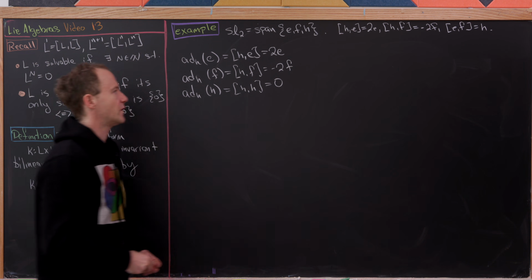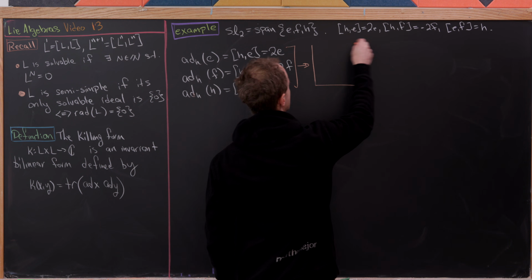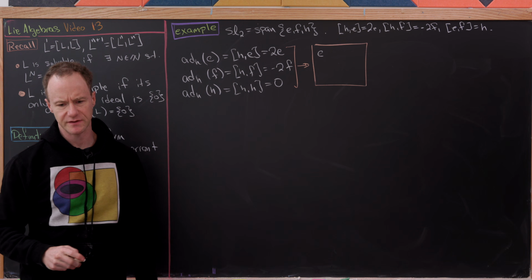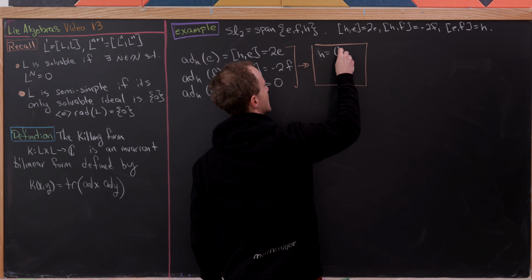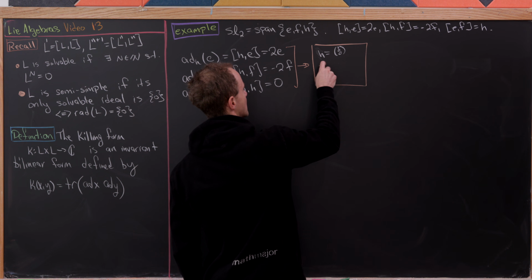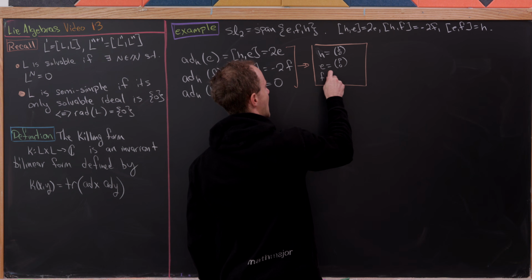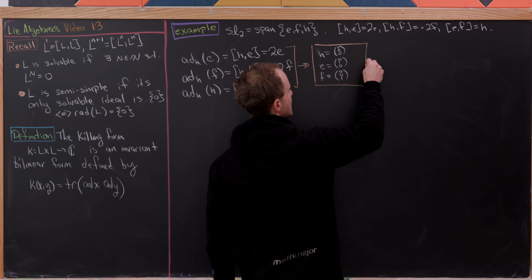Now, let's say that H is the column vector 1, 0, 0, E is the column vector 0, 1, 0, and F is the column vector 0, 0, 1.